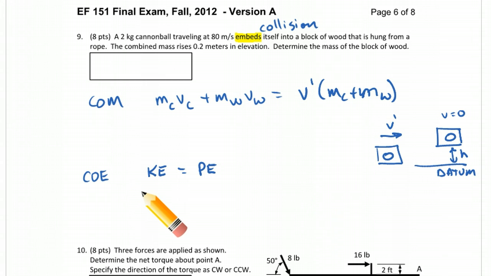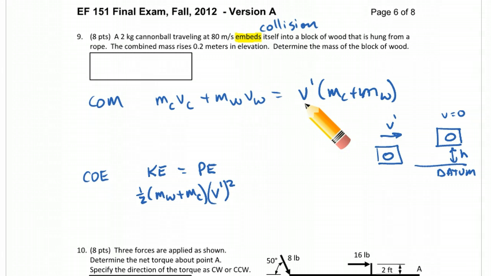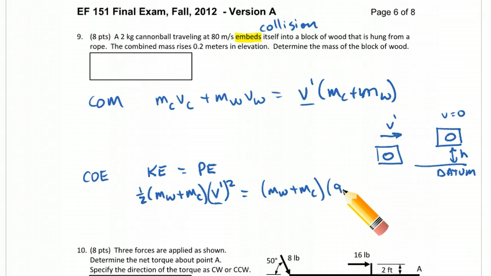Alright, so this equation says 1/2 the mass of the wood plus the mass of the cannonball times V prime squared, which that is that V prime, is equal to the mass of the wood plus the mass of the cannonball times G, just write it as GH.